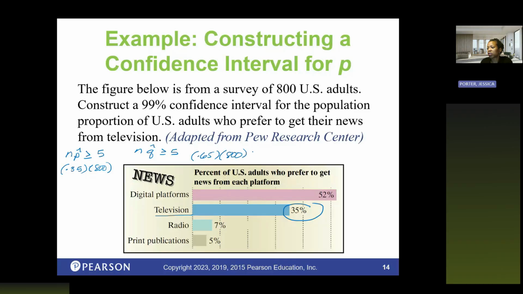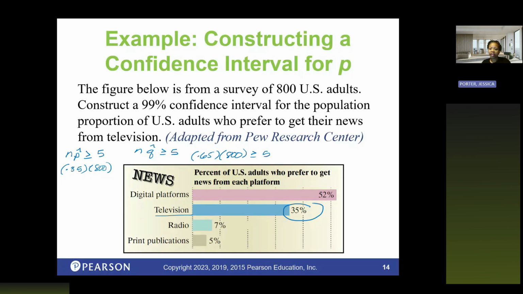And we're checking to see if it's greater than or equal to 5. But what are those numbers? 0.35 times 800 and 0.65 times 800. I'll let you calculate them.